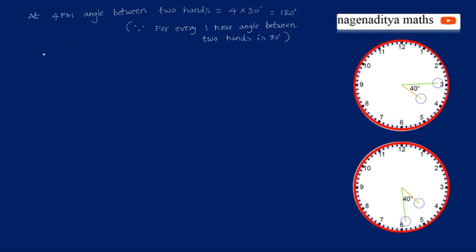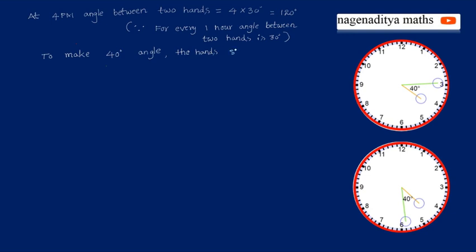Now, to make a 40 degrees angle, the minute hand and hour hand should move 80 degrees. Why 80 degrees? Already there is an angle of 120 degrees.